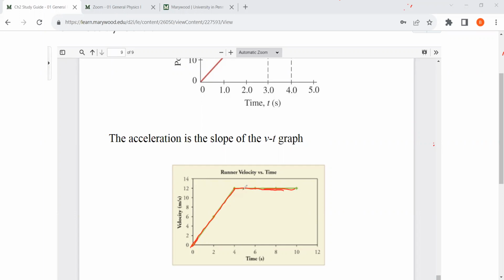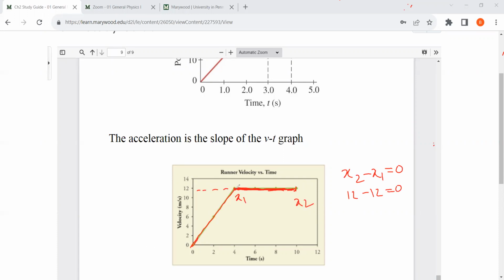But the interesting thing is that here there is no rise. If we choose this point as x1 and this point as x2, you see that x2 minus x1 is the same value, 12. So 12 minus 12 is 0.